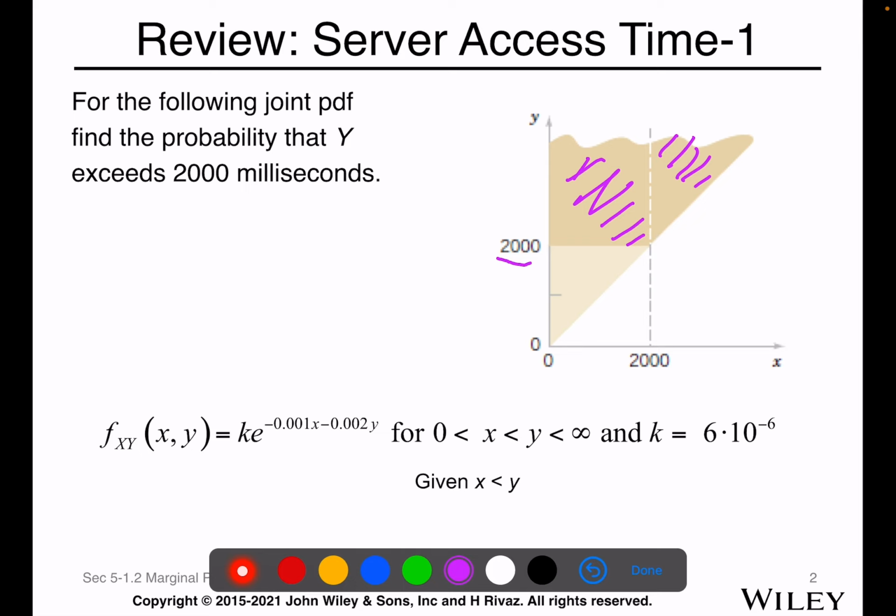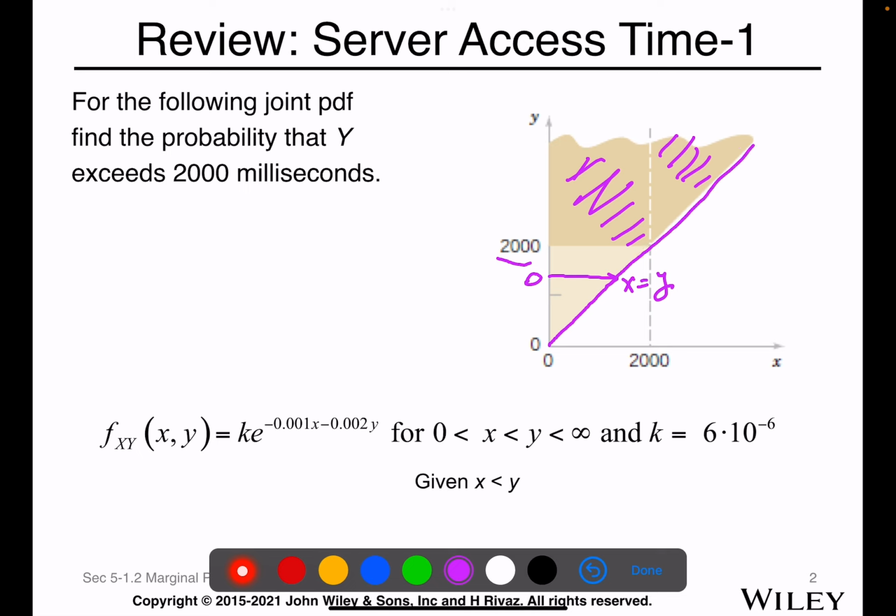A better solution to find the probability of y exceeding 2,000 is to find the marginal distribution of y. That means you integrate with respect to x from 0 to x equal to y. This line is x equal to y.